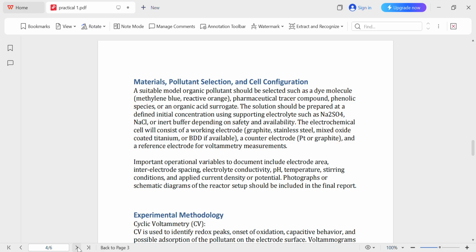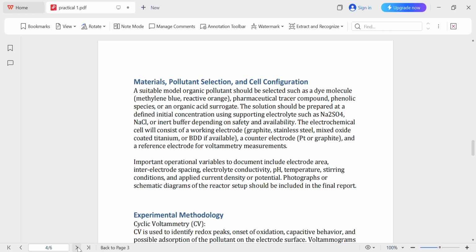Next, important operational variables to document include the electrode area, inter-electrode spacing, electrolyte conductivity, pH, temperature, stirring condition, and the applied current density or potential. Means keep track of all the conditions that affect the experiment, such as the size of the electrode, distance between the electrodes, how well the solution conducts electricity, pH of the solution, temperature, stirring speed, and the fixed current or voltage applied.